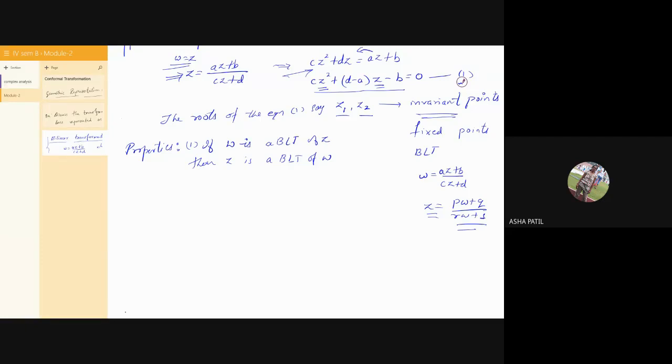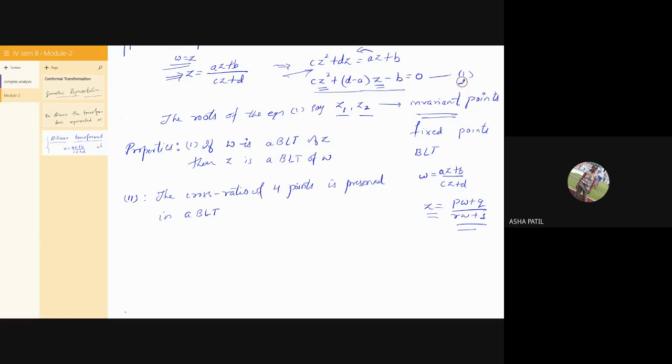Okay. So another property, the second property, the important one which we'll be using for solving the examples, is the cross ratio of 4 points. The cross ratio of 4 points is preserved in a bilinear transformation.